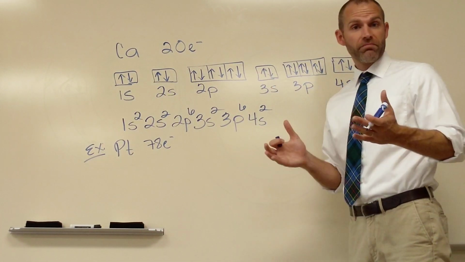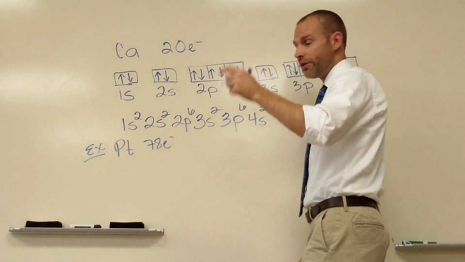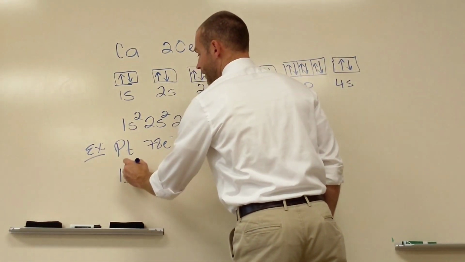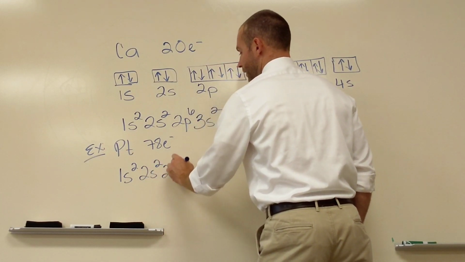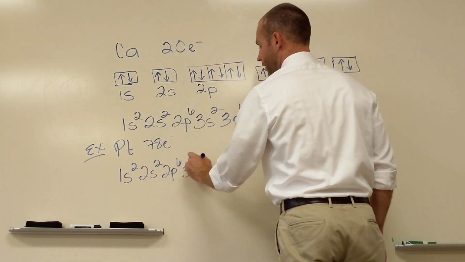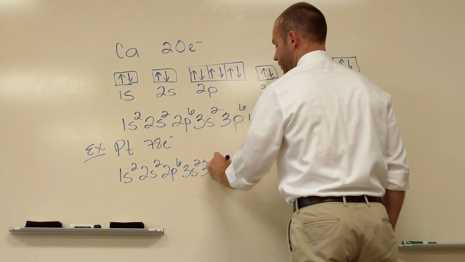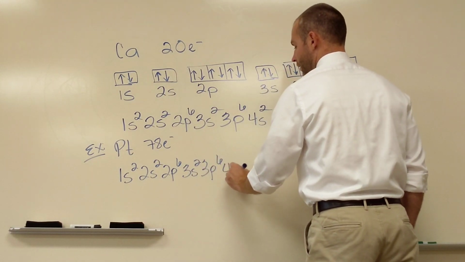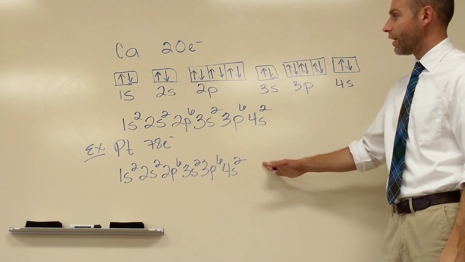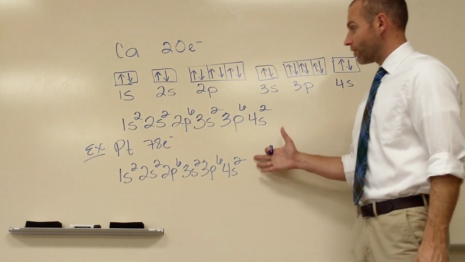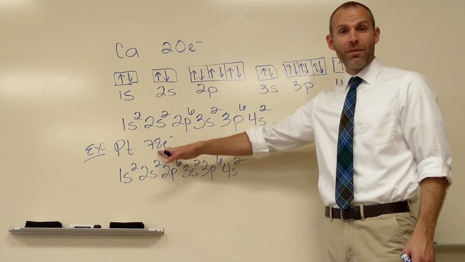When I run out, I'm done. So, following that order: 1s2, 2s2, 2p6, 3s2, 3p6, 4s2. This gets us up to where we were with the calcium example. Calcium only had 20 electrons. We still have a whole lot more to go here.